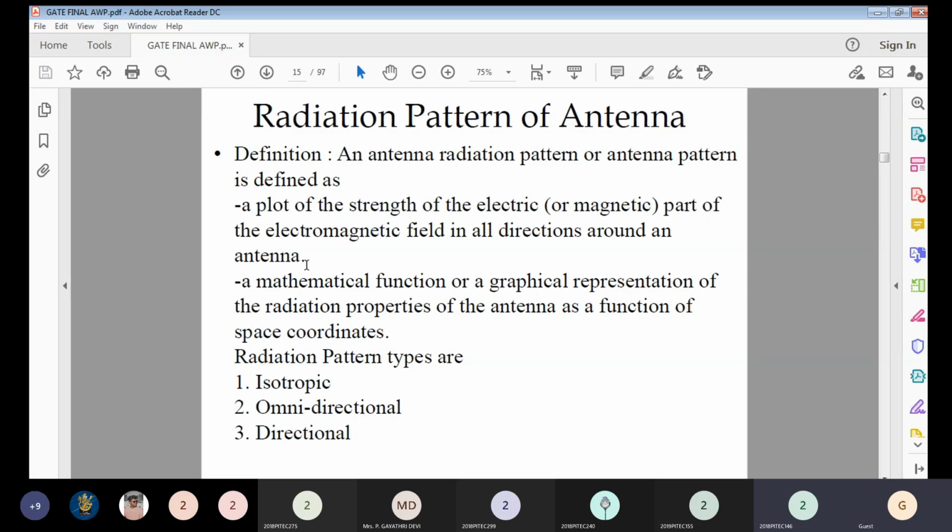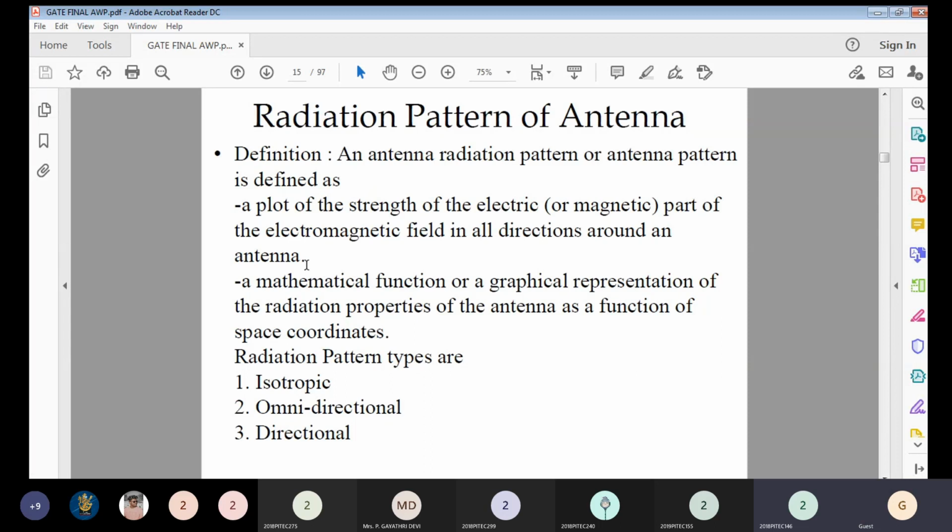Generally the radiation pattern is nothing but a mathematical function or graphical representation of the radiation properties of an antenna as a function of space coordinates. The radiation properties include power flux density, radiation intensity, field strength, directivity, phase and polarization.